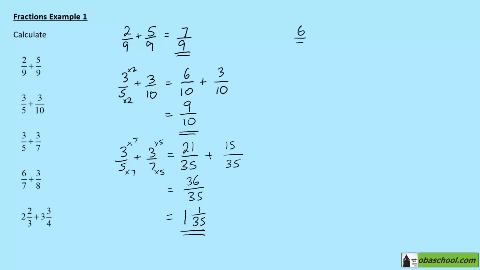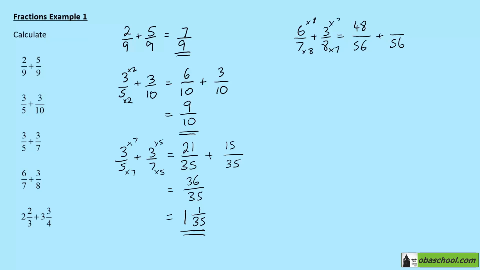And we've got 6/7, add 3/8. It's the same situation as the last one. And the lowest common multiple is 56, 7 times 8. So we multiplied this one by 8, multiplied this one by 8, giving us 48. And for this denominator, we multiplied it by 7.